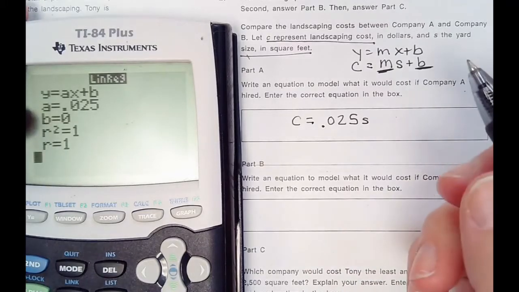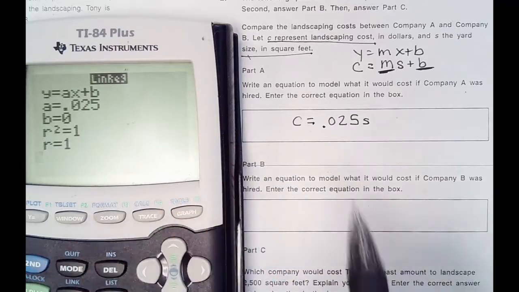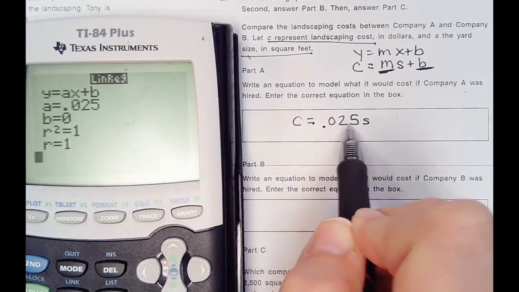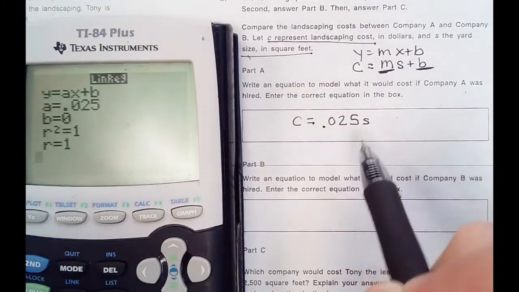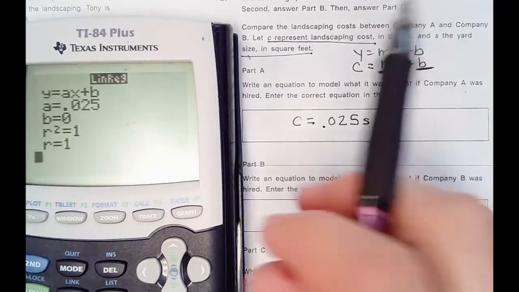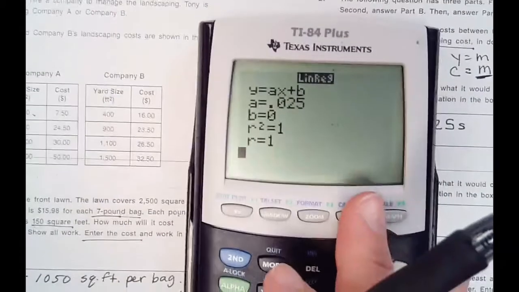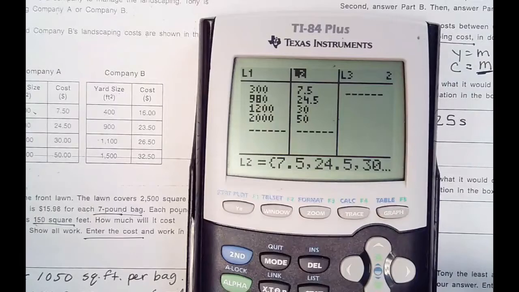Okay, so that tells me it costs $0.025, so a little bit over 2 cents per square foot. Company B, so let's press stat, enter. Arrowing up to L1, press clear, enter. Well, that was L2. Arrowing up to L1, clear, enter.